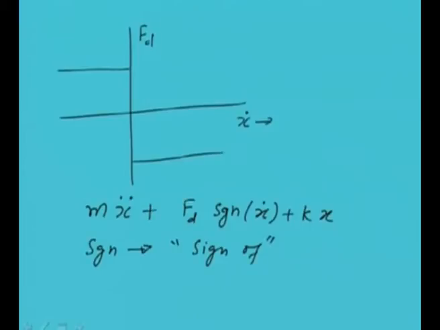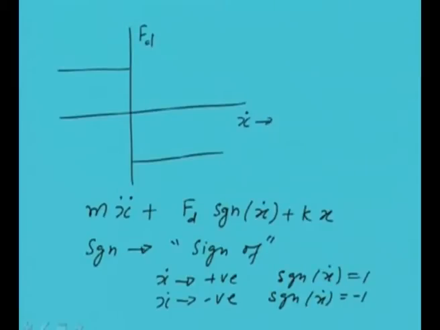Whenever x dot is positive, sign of x dot is 1, and if x dot is negative, sign of x dot is negative.